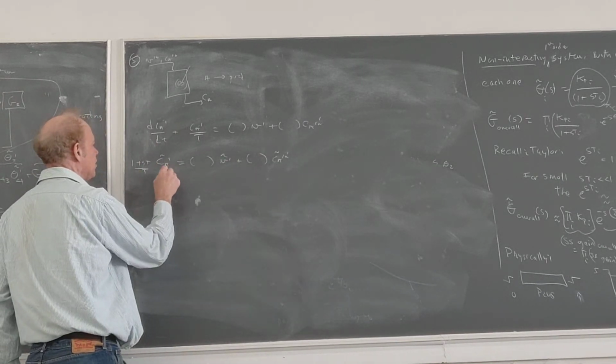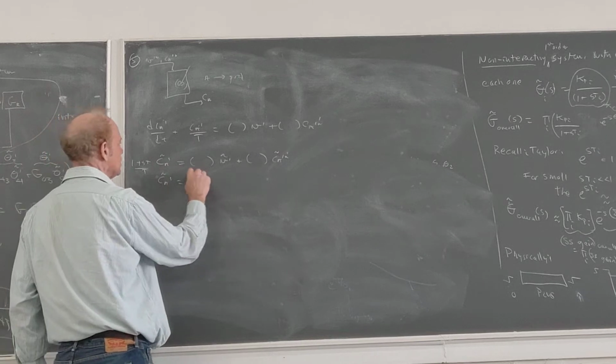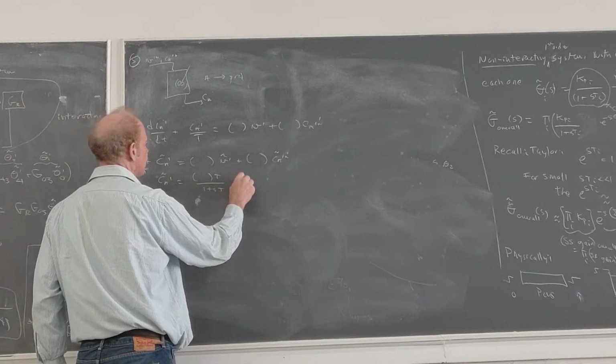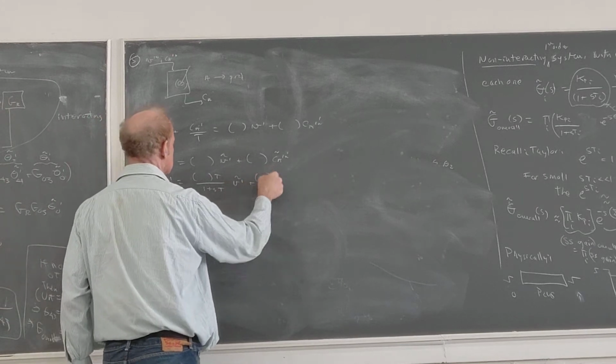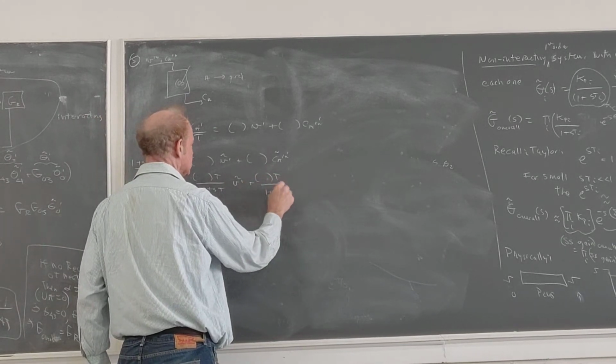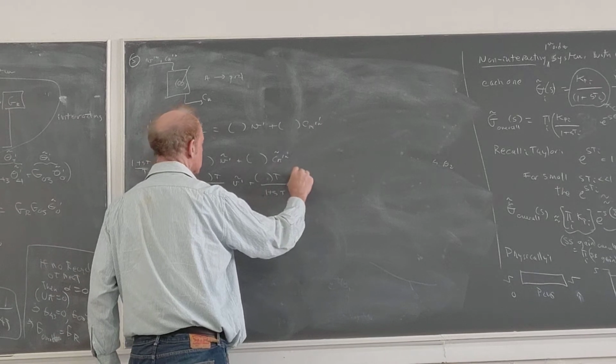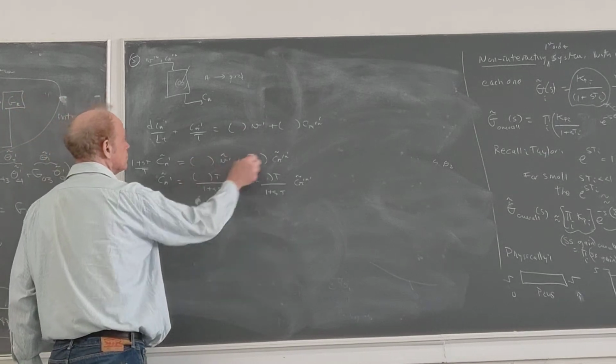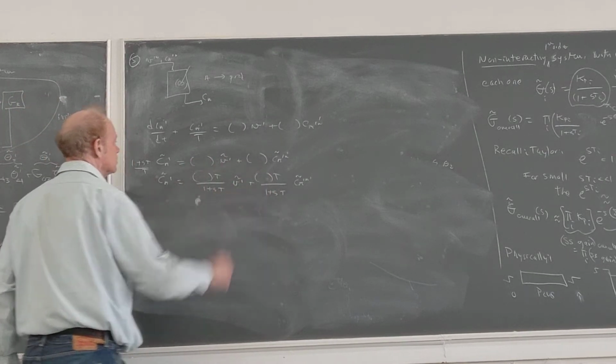Or CA prime tilde is equal to this thing times tau over (1 plus s tau) V prime tilde plus this thing times tau over (1 plus s tau) CA in prime tilde. These were just some sorts of constants.